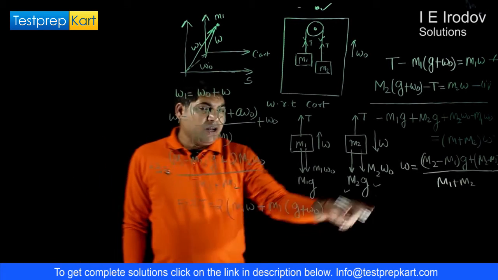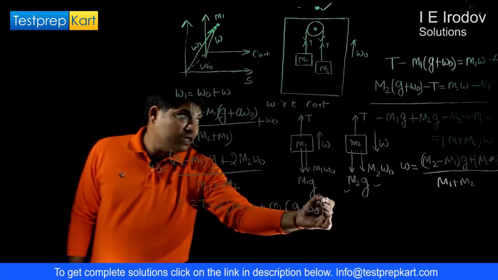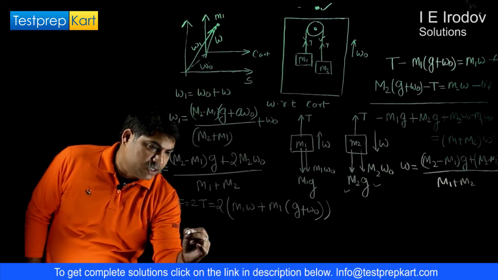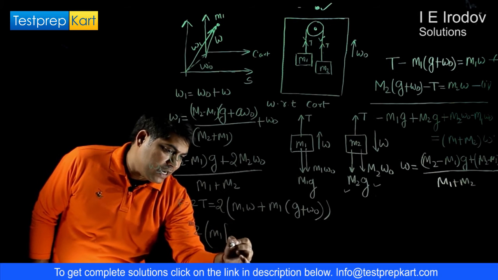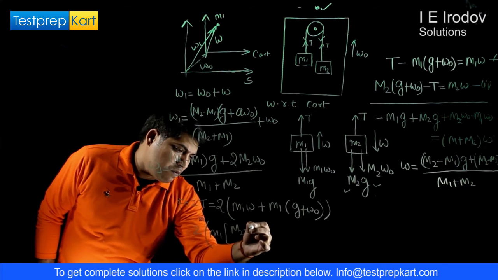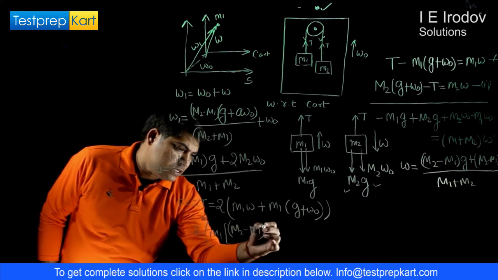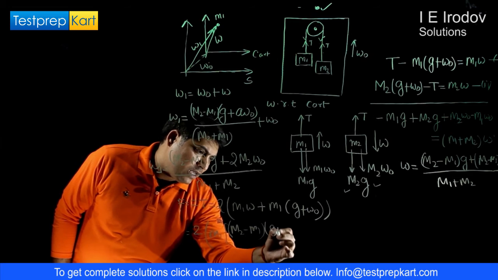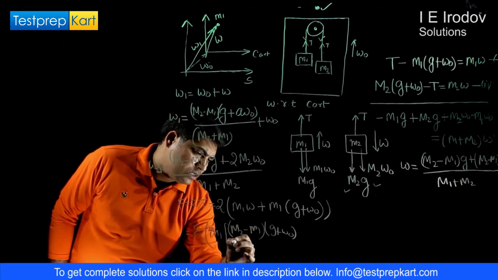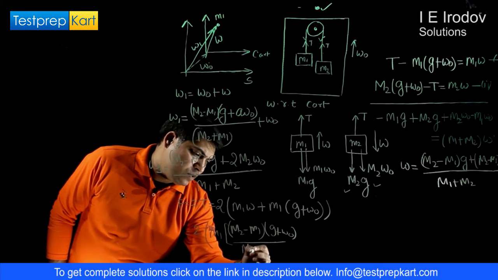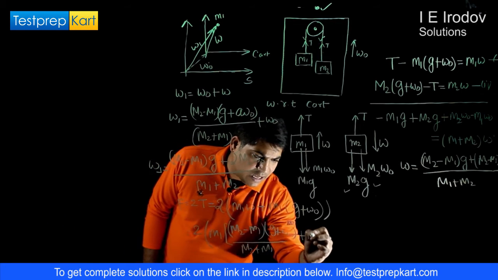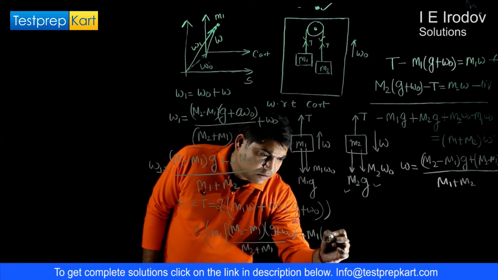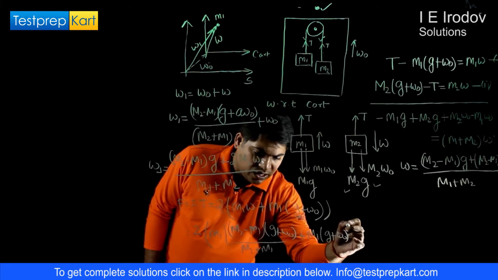We already have omega, so we can substitute here. So this is 2 times M1 into, in brackets, (M2 minus M1)(G plus omega naught) upon (M2 plus M1), plus M1 into (G plus omega naught).